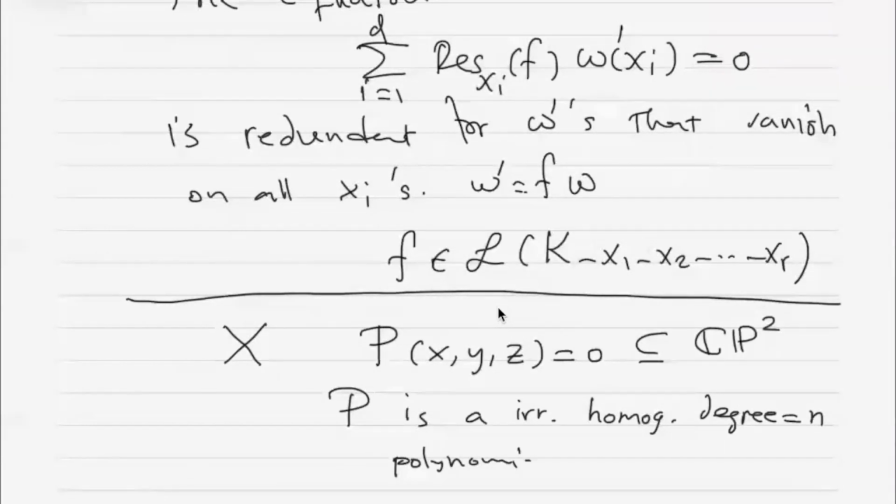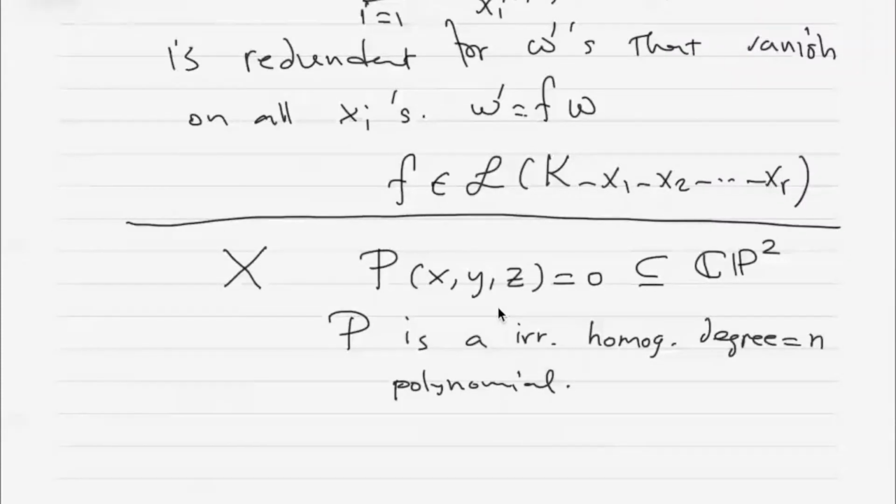Also assume that the equation it defines is non-singular, meaning that the gradient of P, defined as the partial derivatives of P with respect to X, Y, and Z, is not zero on X.